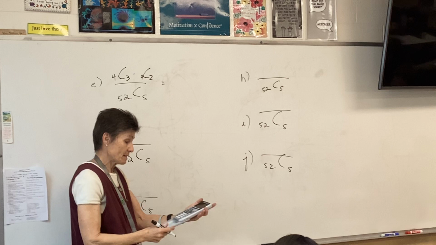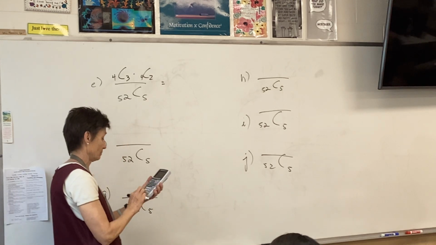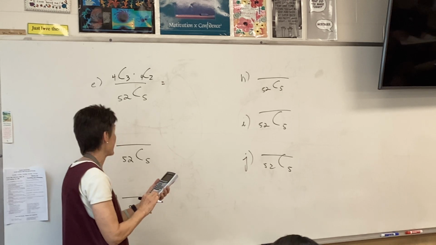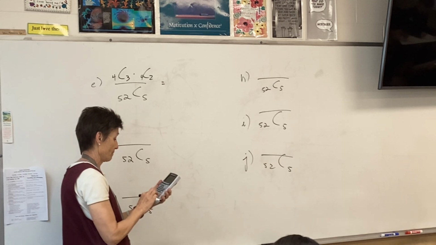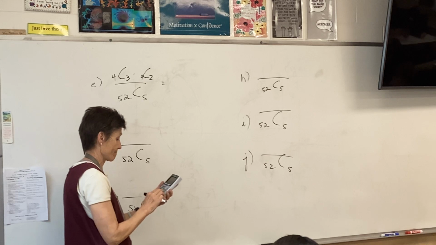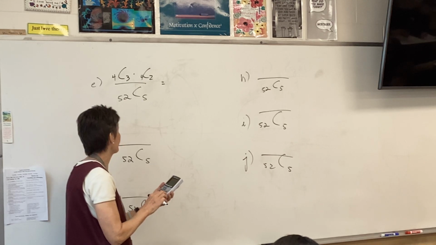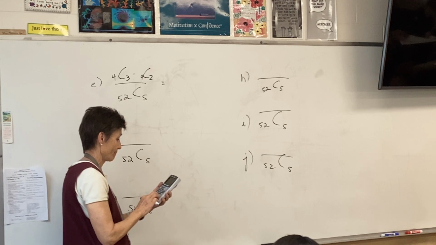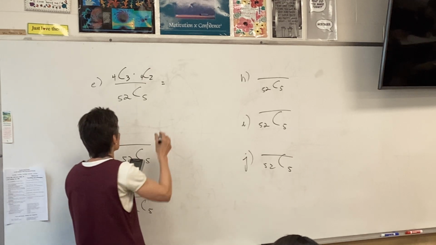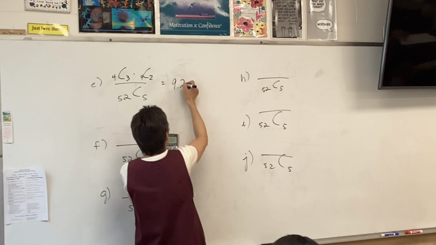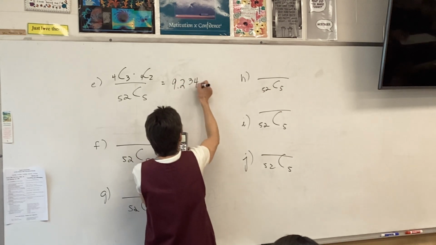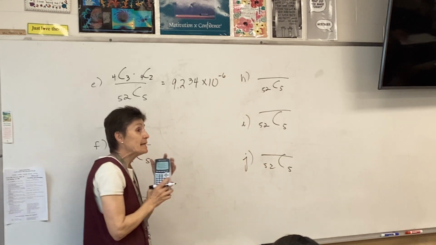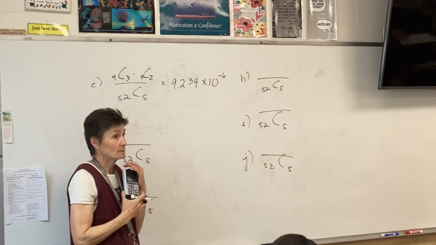And then we can type this in all together, you don't need parentheses and all that stuff. What you do need to pay attention to, guys, is the E at the end of the number.